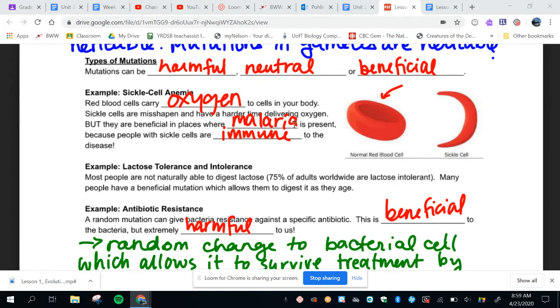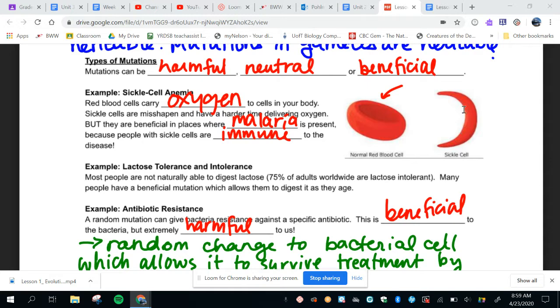But in places where malaria is present, so countries that have a high incidence of malaria, this sickle cell is actually impossible for malaria protists to infect. So the people that have this are actually immune to the disease.